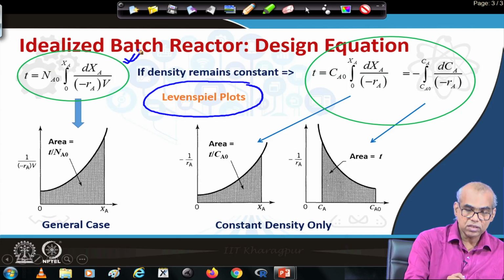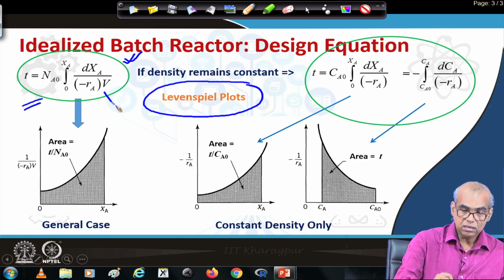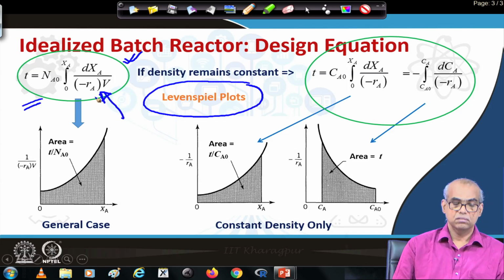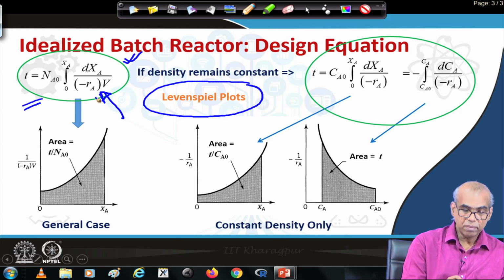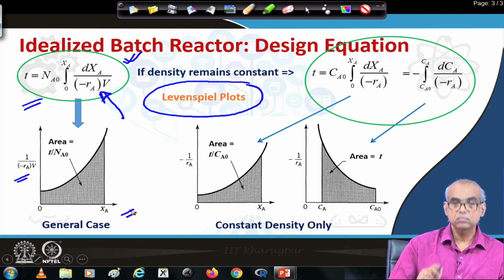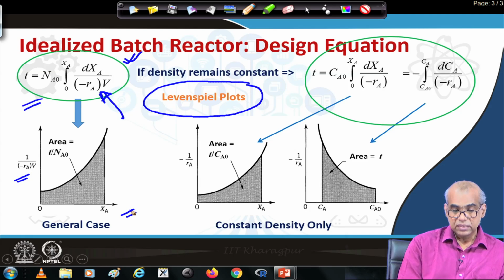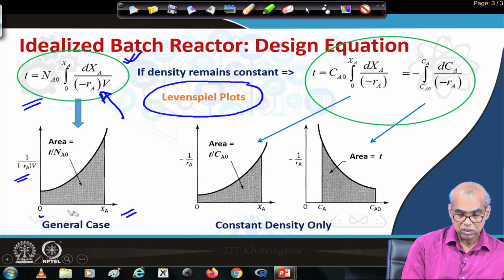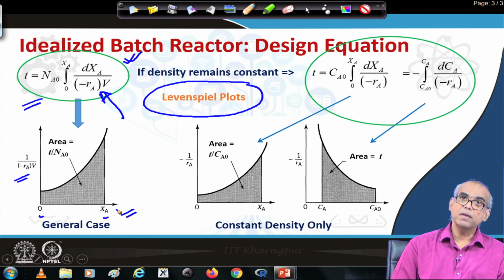If you look at this equation, t by Na0 is nothing but the value of this integral. So, we make a plot of 1 by minus rA V versus conversion, and the area under the curve from 0 to XA, the given conversion, is a measure of the time required.